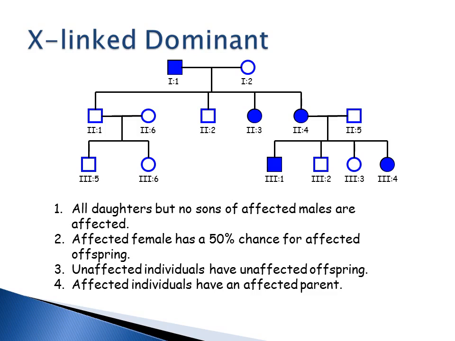So you can see in this disorder, unlike X-linked recessive where it's almost always males, in X-linked dominant you can see affected males and affected females. So all daughters of affected males are affected, but not sons. The affected female has a 50% chance of having an affected child. Unaffected individuals will have unaffected offspring, but affected individuals will have an affected parent.